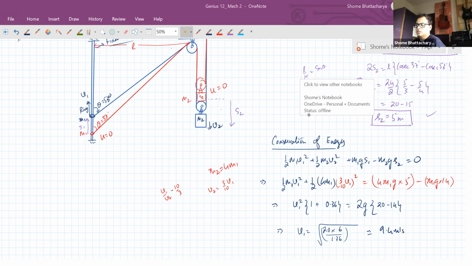And v2 is just 0.3 times this, so we just multiply this with 0.3.